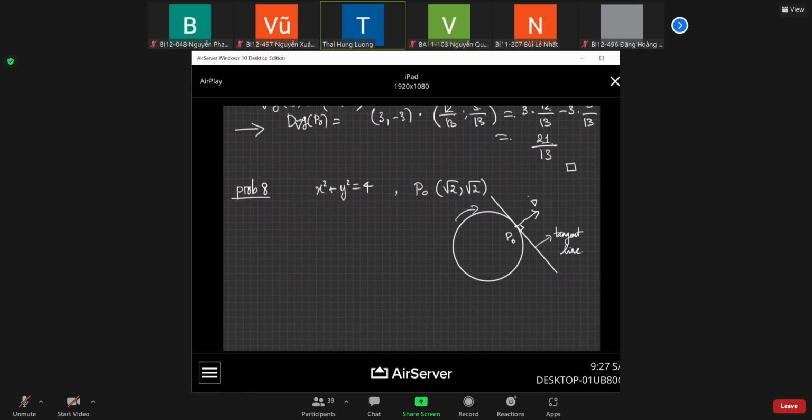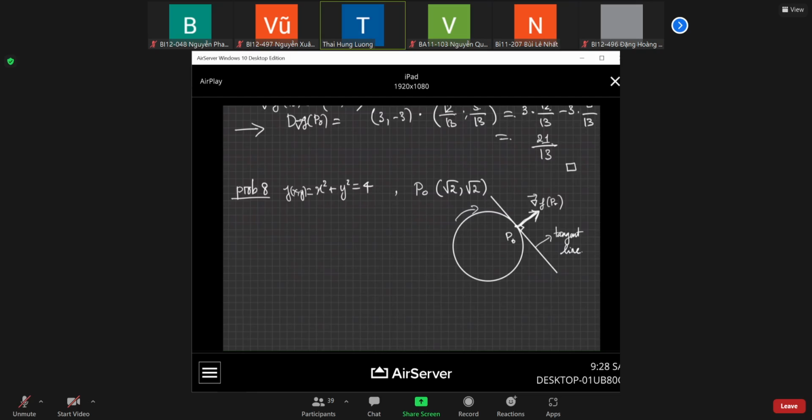That is the gradient vector. I denote this function by f(x,y). It is a very important property of the gradient vector: it is orthogonal to the tangent line, so it will give us the equation of the tangent line.